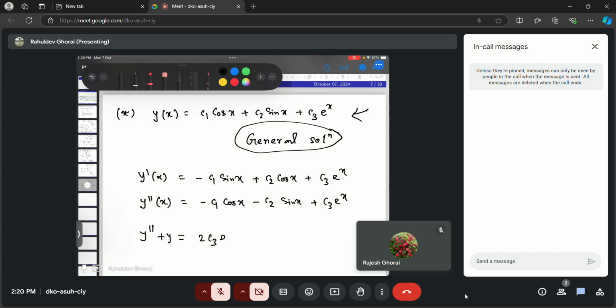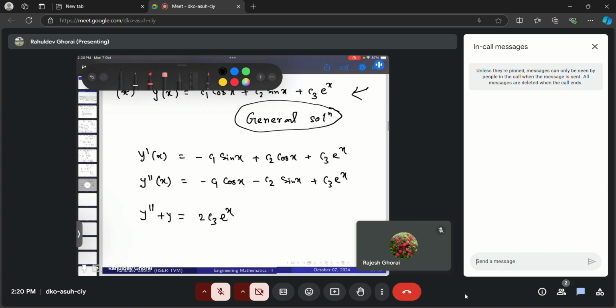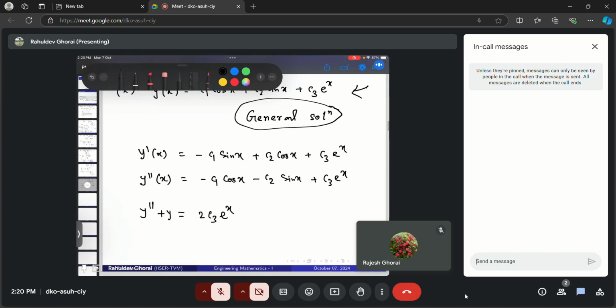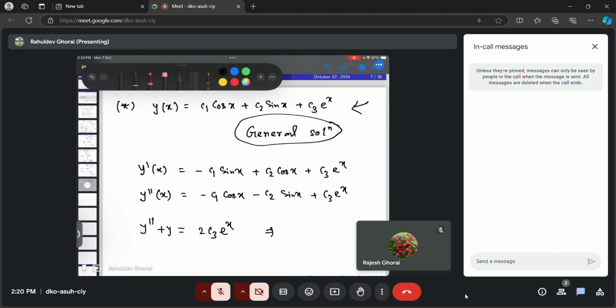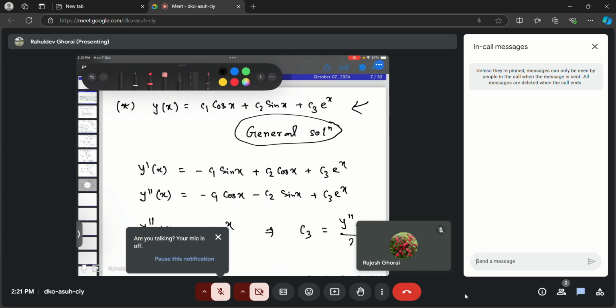To do that, if we take y double prime plus y, that will be 2c3 e to the power x. So from here we can write that c3 is equal to y double prime plus y over 2 e to the power x.